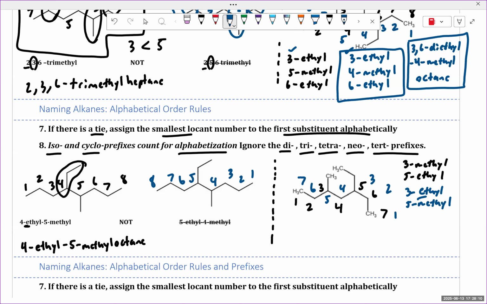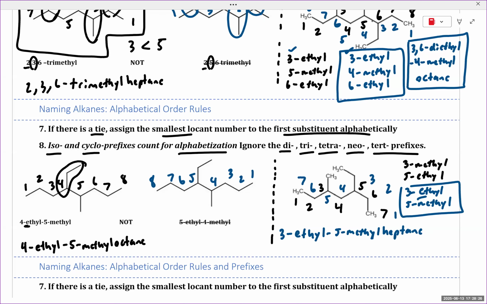Ethyl is first, so we'll use the numbering method in blue. So we'll name this as 3-ethyl 5-methyl 7-carbon chain. That would be heptane. Again, only resort to the alphabetical order tiebreaker if there's a tie in all of the locant numbers.